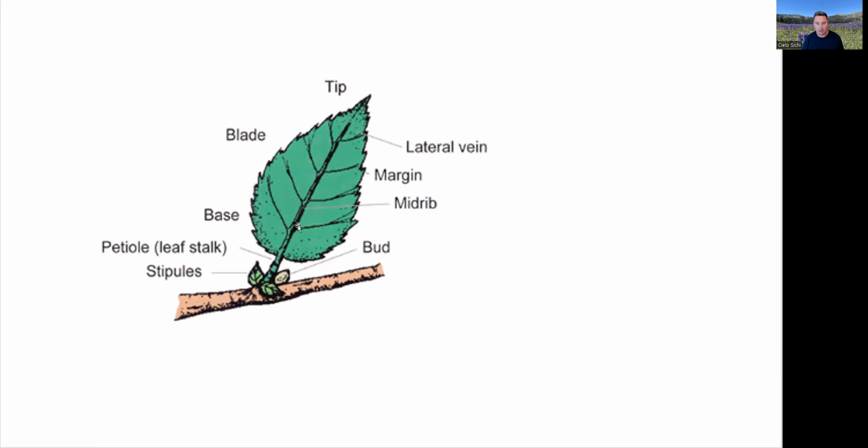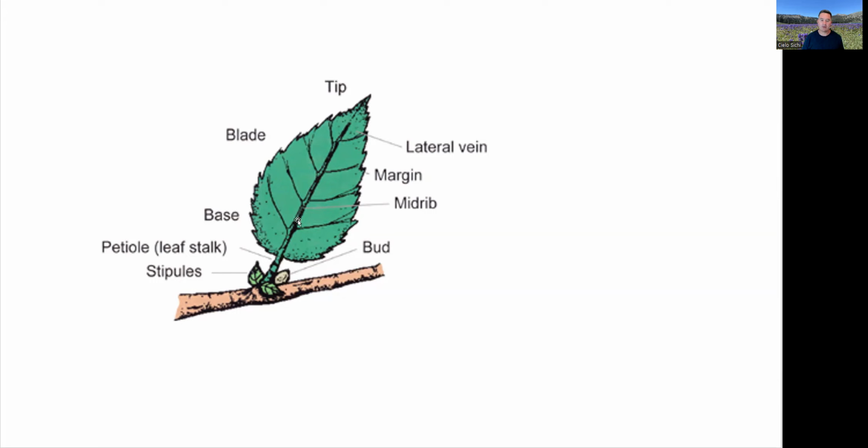Now, if we look at the leaf blade itself, we have a couple portions of the leaf blade. Of course, there's the leaf tip, and the reason we define it as the leaf tip is there's certain characteristics about leaf tips that will help us to identify the plant. Same thing with the leaf base. This is the leaf base. There's some leaf bases that are reticulate that come out and down and around, right?